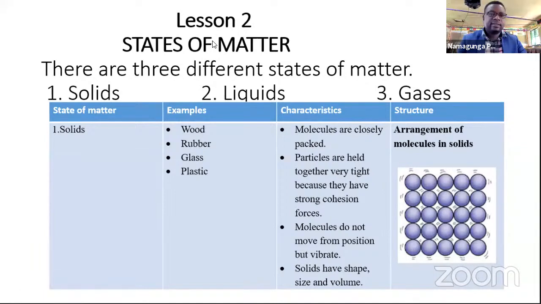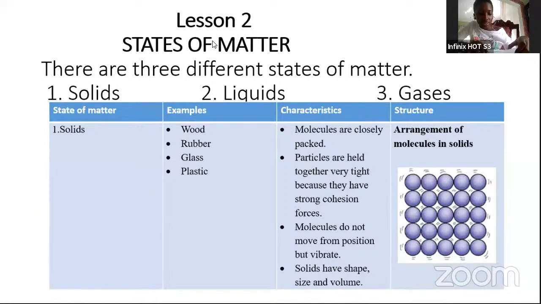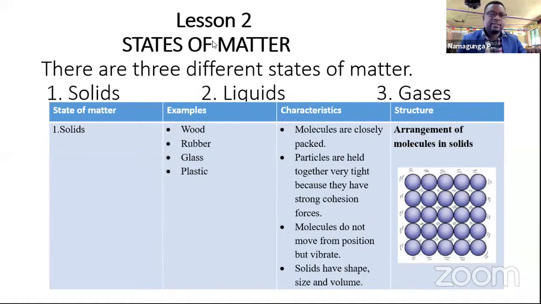Molecules are closely packed. Particles are held together very tight because they have strong cohesion forces.